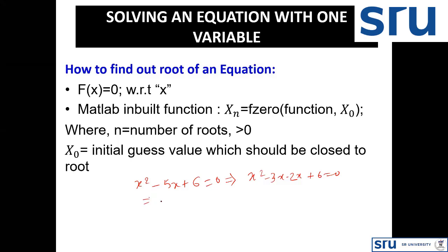Okay, so I will take x out from the first two terms, x minus 3, and minus 2 out from the others, so x minus 2 and x minus 3. So here the roots of the equation will be 2 and 3, not 1 and 6. Is there any doubt here?